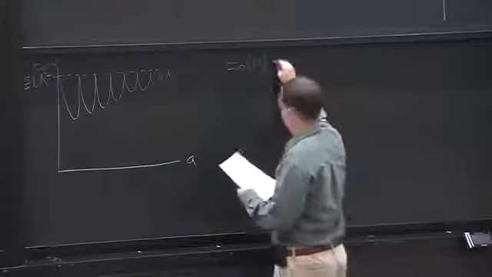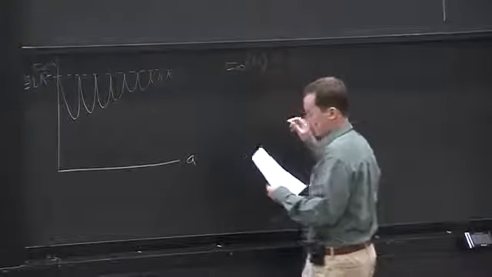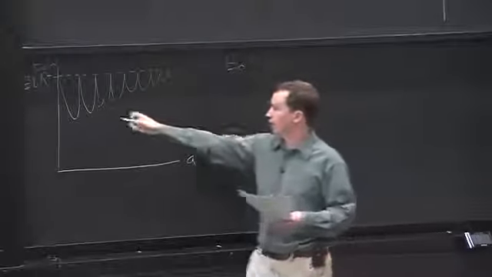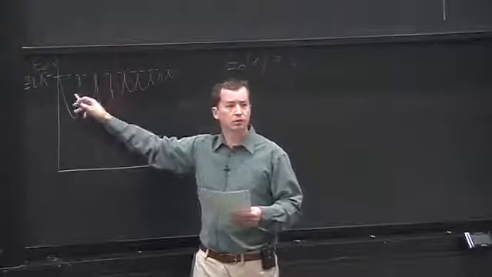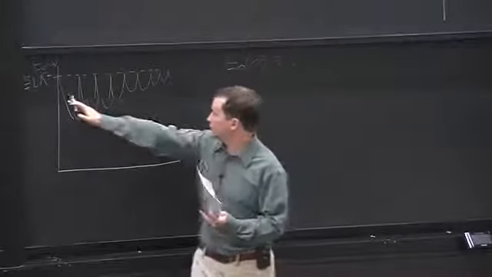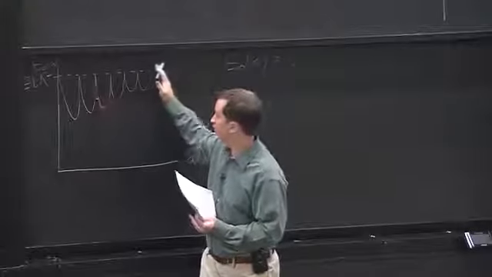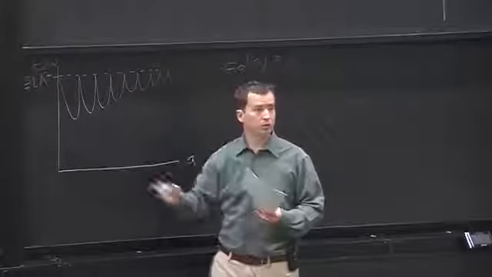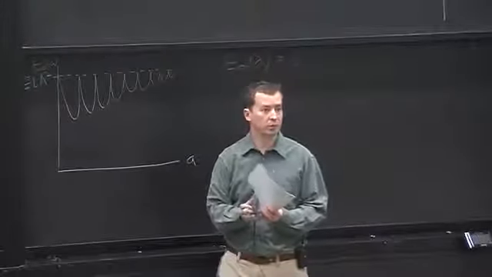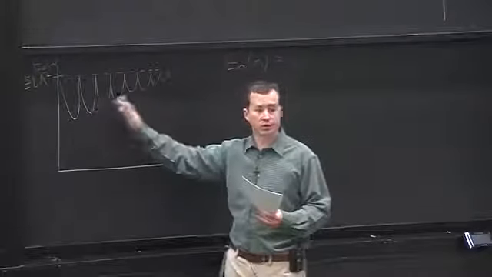is sort of the average. We change A, and lambda is very large. Then, based on our experimental resolution, we're going to be changing it over many oscillations.